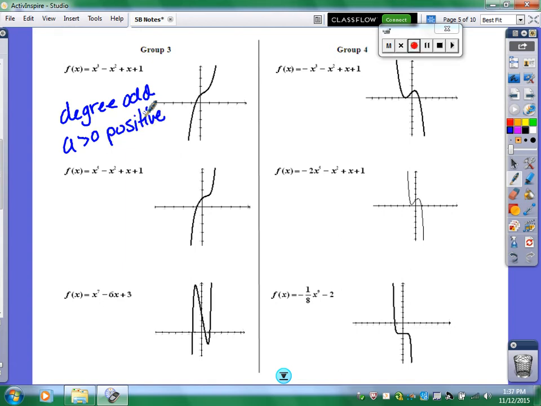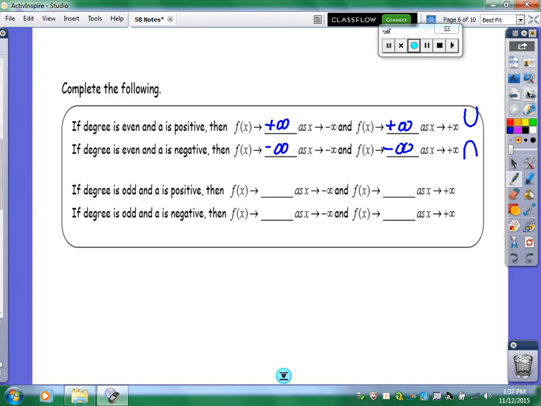If A is positive, the right-hand side is always up. So if the right-hand side is up in an odd degree, our left-hand side is down. Odd opposite, OO, odd opposite. Let's fill that in. As x approaches negative infinity, f of x is going down. And as x approaches positive infinity, f of x is going up, so positive infinity.